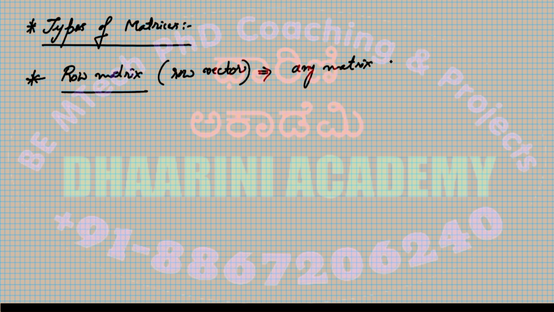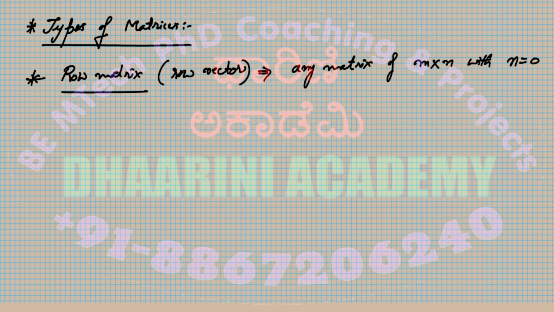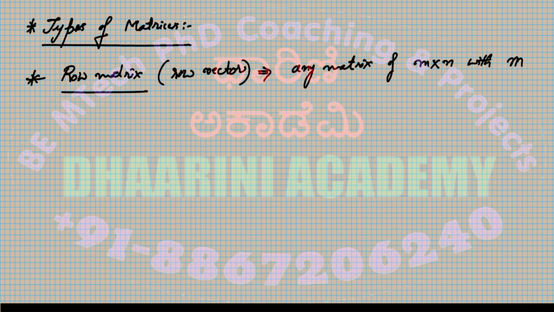Any matrix of size m cross n with m equal to 1, that is, any matrix with the number of rows equal to 1, is called a row matrix. So we write A as a matrix Aij with 1 cross n. i is fixed to 1 only. j can take any values.